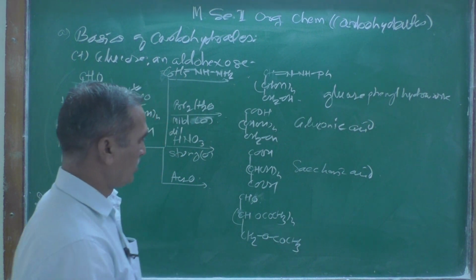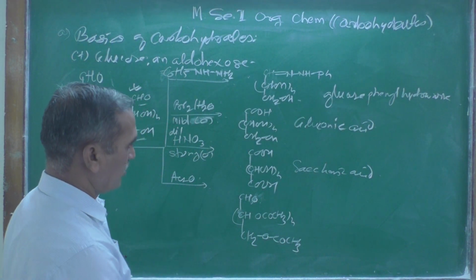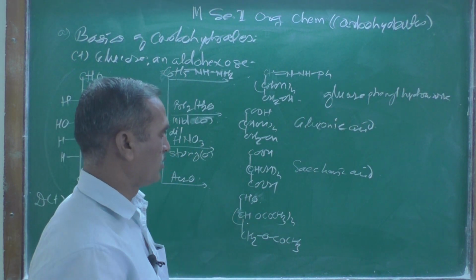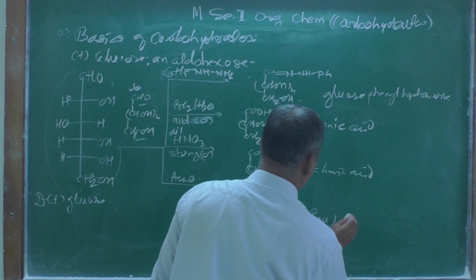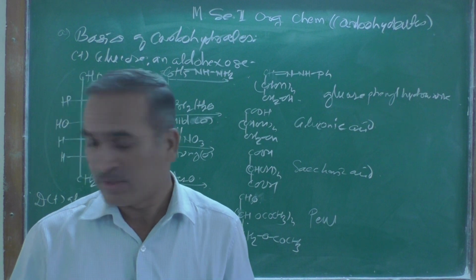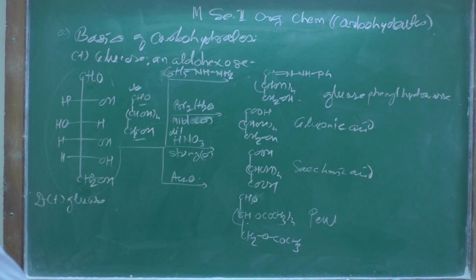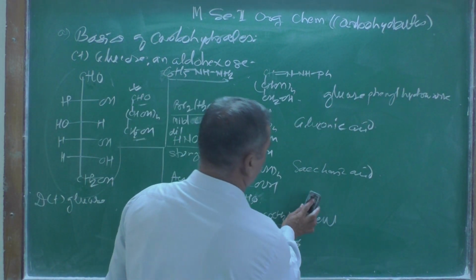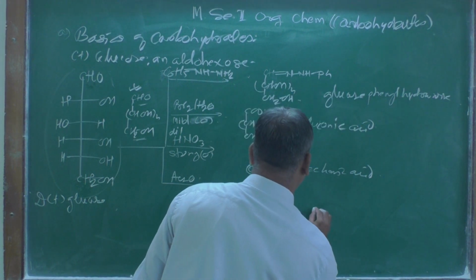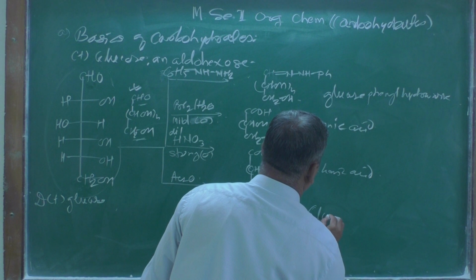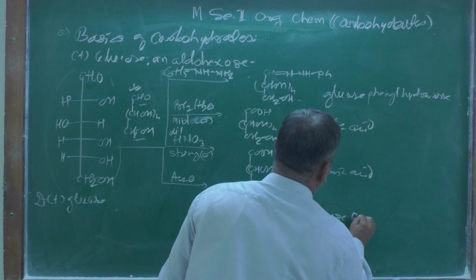This type of compound we are going to get, and it is called glucose pentaacetate. The derivative we are getting here is glucose pentaacetate.